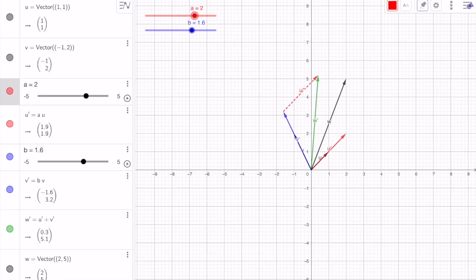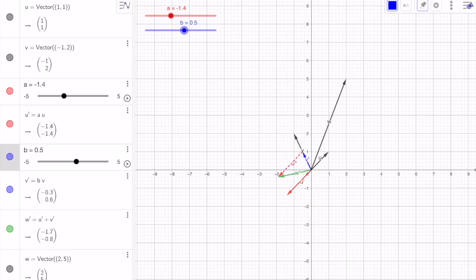Notice how the vector u double prime is just a copy of the vector u prime. The only difference is where it starts. The vector u prime starts at the origin, and the vector u double prime starts at the tip of the blue vector. So this makes it easier to find the addition of these two vectors. We just have to put the tip of one to the tail of the other one, and then the resultant is going to be the sum of these.